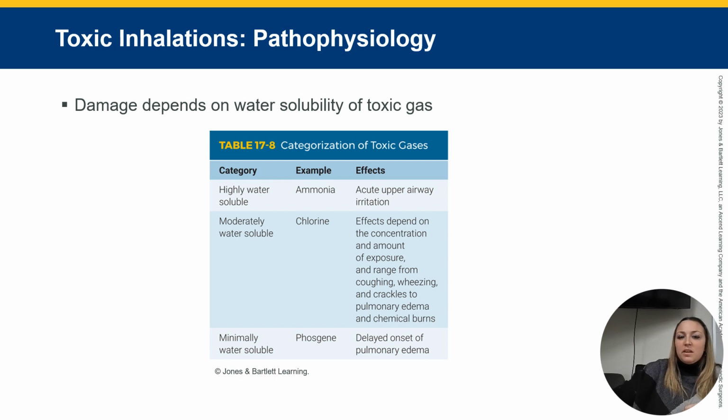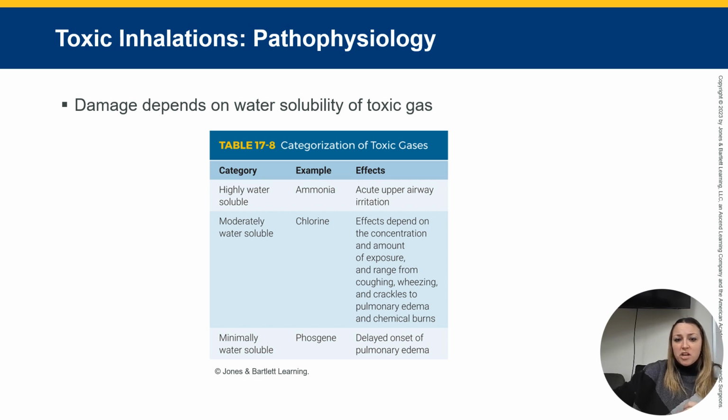It can be an acute upper airway irritant. Chlorine is another one. Depending on the concentration and the amount of exposure and whatnot, it can do everything from just causing irritation to the airway to giving you full-blown pulmonary edema and chemical burns inside your lungs.